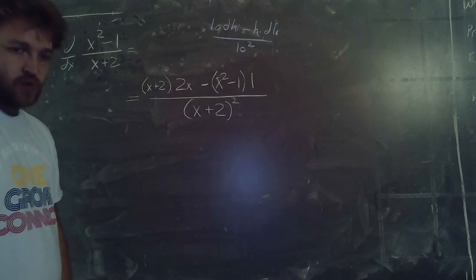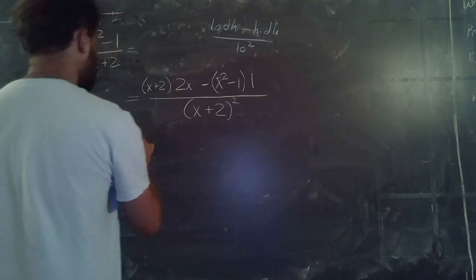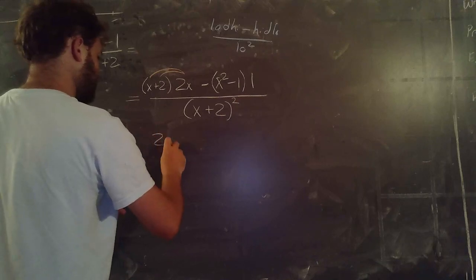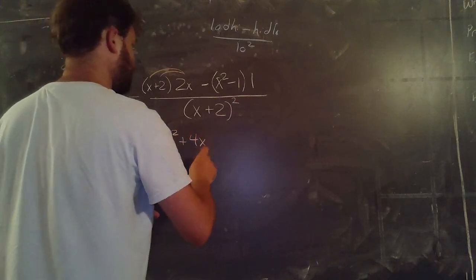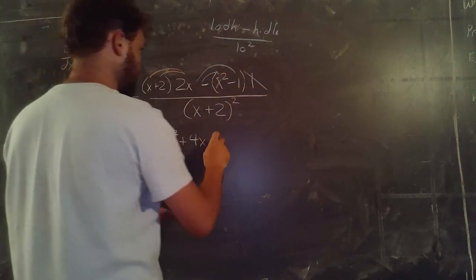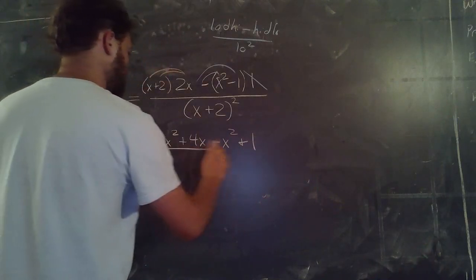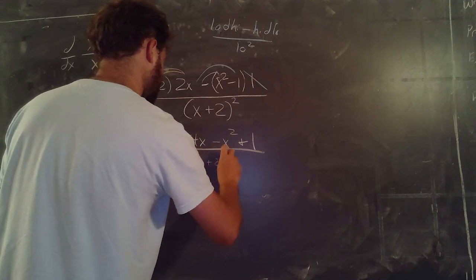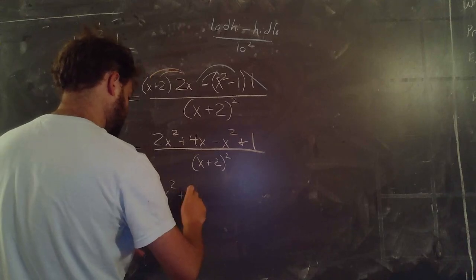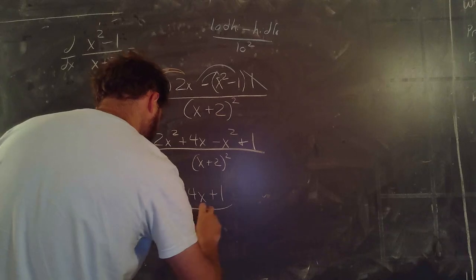But what we can do if we want to try to simplify this thing out for whatever reason, we can do the distributions that we see, giving us 2x squared plus 4x. We can distribute the negative symbol, ignore the multiplication by 1, that'll give us minus x squared plus 1, which will make the entire top term equal to x squared plus 4x plus 1 over x plus 2 all squared.